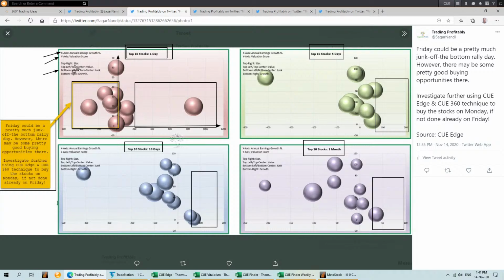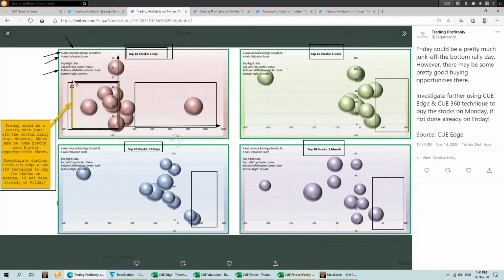If we think of high growth stocks as annual earnings growth, then they are absent in this graph over all 4 periods, and I have been sharing these pictures for a number of days. High growth stocks are not going up as much as undervalued stocks, or maybe even junk stocks. Undervalued stocks, we understand, can go up suddenly by large percentages because they tend to be lower price stocks.